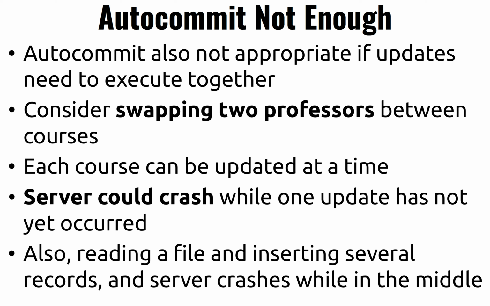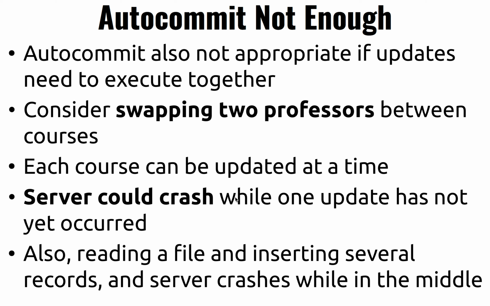You would like to be able to perhaps group together several updates or several inserts instead of them committing right away. You might want something a little more granular and do 2 or 3 or 4 updates together and then either commit them all together or roll them back. So by default, autocommit, where you commit immediately, is not enough.